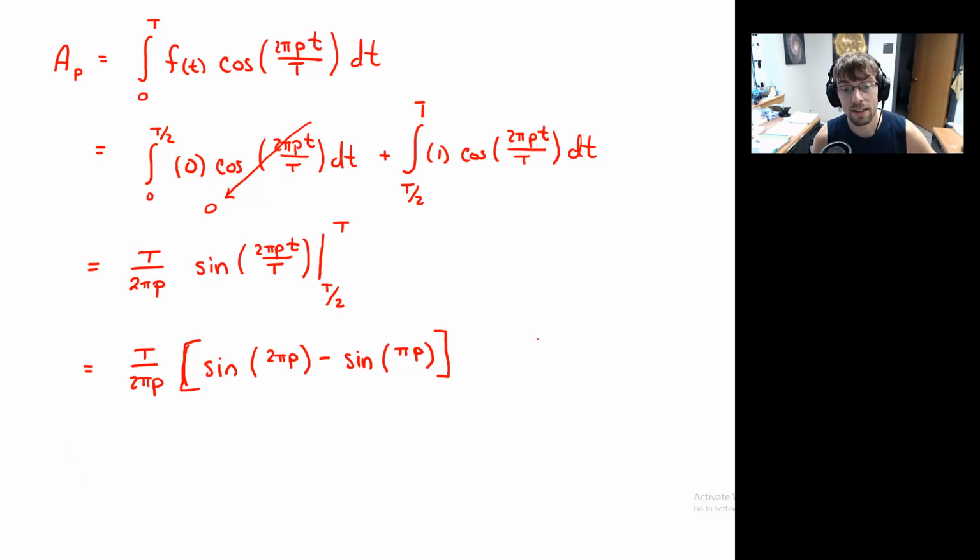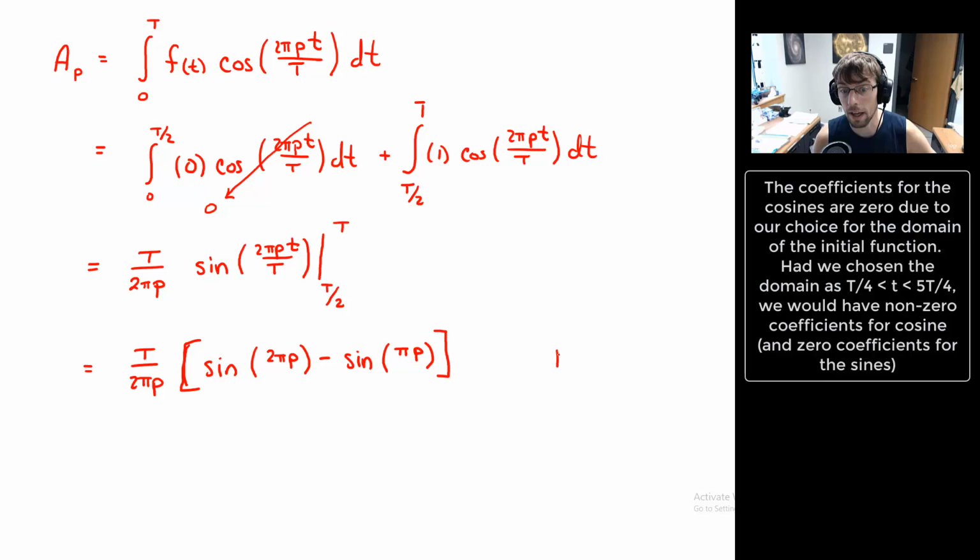And keeping in mind that p is a whole number, a positive whole number, sine of 2 pi p is equal to 0. Okay? So this is equal to 0. How about sine of pi times p? Yeah, also 0.